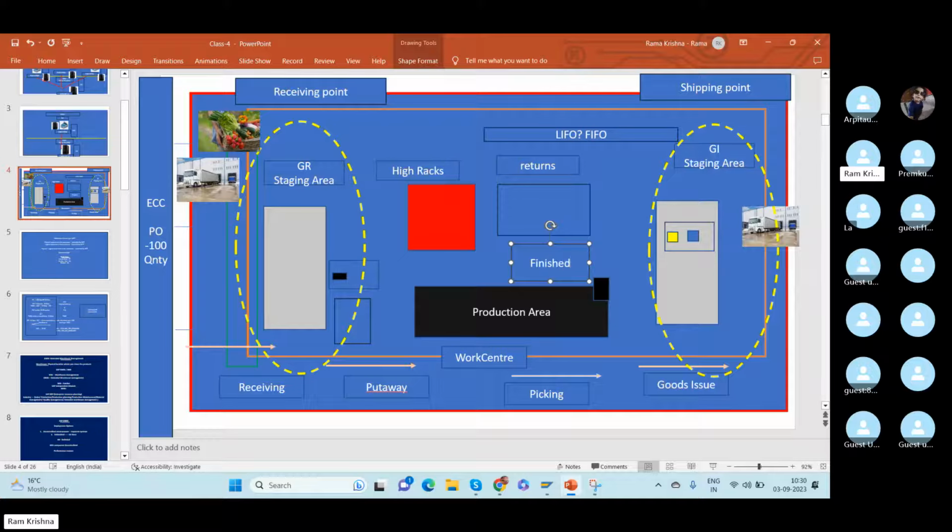Yes, storage types. I have three storage types: high racks, returns, and finished storage type.